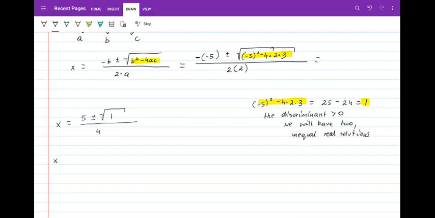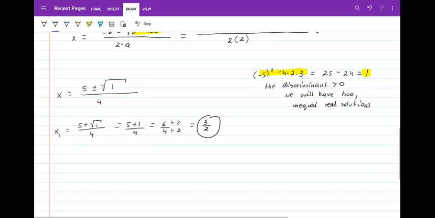So the first solution, I'm putting index 1, will be 5 plus square root of 1 divided by 4. So this is just 5 plus 1 divided by 4. We're getting 6 over 4. Reduce the fraction by 2, which is 3 over 2. So this is our first solution.